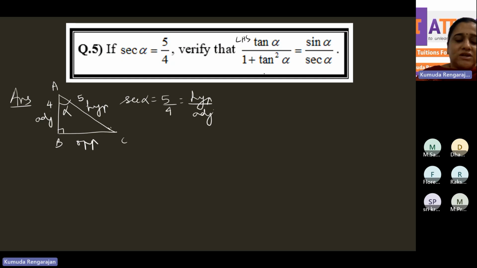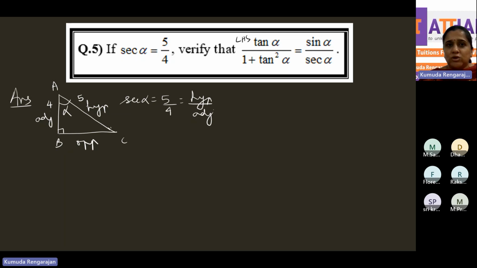All the 6 trigonometric ratios you can get. One ratio will be given to you, and with the help of that one ratio, you will make the triangle. Now, using the triangle, you can find all the remaining 5 trigonometric ratios. Here you're given secant alpha is 5 by 4, right? Using this, you draw that right triangle and fill in the values. 5, 4, you'll fill.